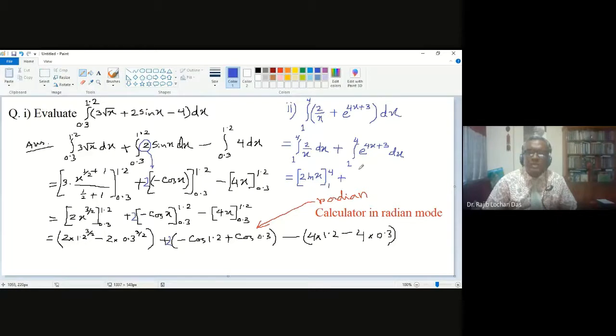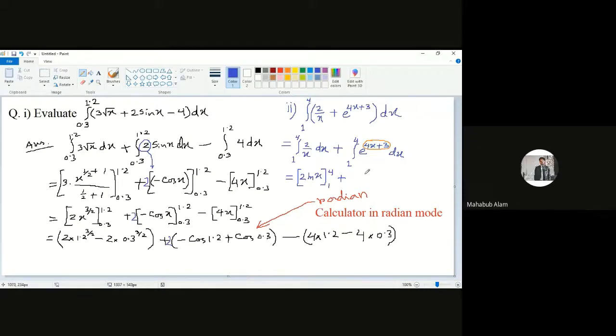So next part is function of function. Next part is actually function of function, because you have 4x plus 3. So e to the power x can be a formula, but it is not exactly x. So there will be function of function. So what you will write here?